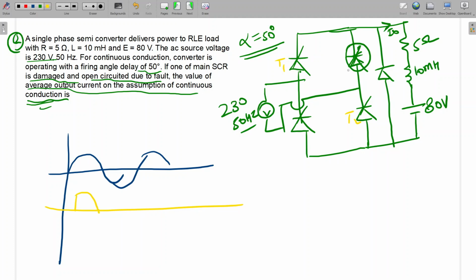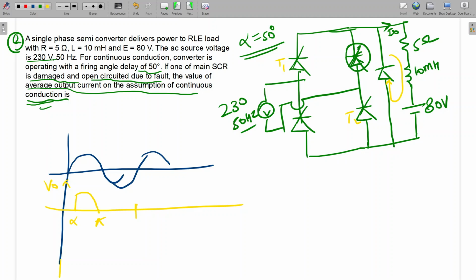Even if it is fired, this will be open circuit. Since the output current is constant, it will flow through the freewheeling diode only. When the freewheeling diode conducts, the output voltage will be zero. So only this waveform will appear across the output. This will be the output waveform. Is it clear to all? Otherwise, I will explain again.